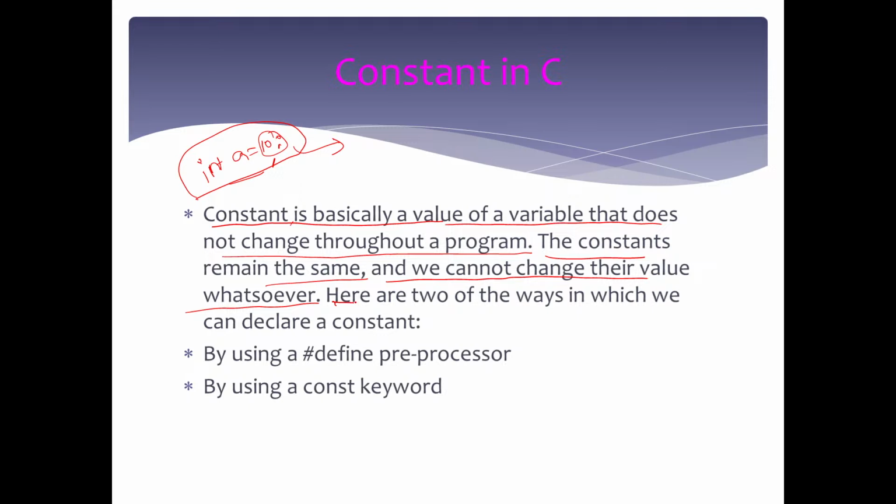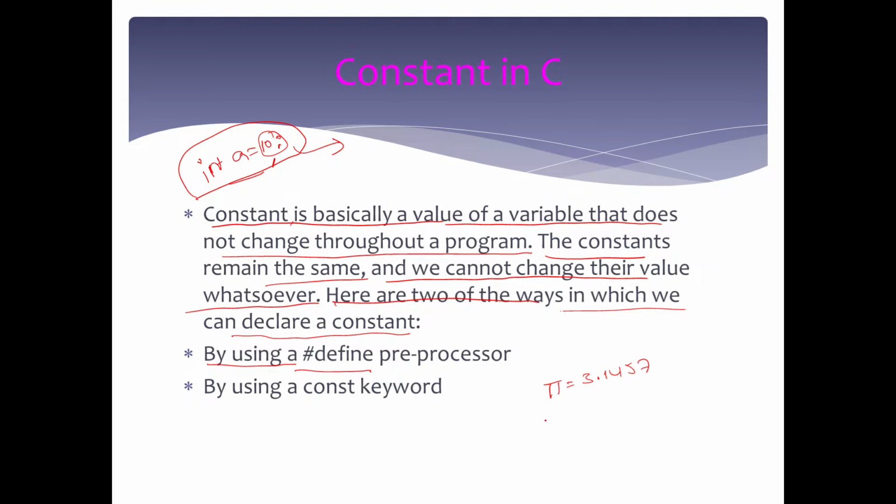Here are the two ways in which we can declare a constant. First, by using #define. For example, we have variables like global variables and local variables. Let me take the pi value. As we know, the approximate value of pi is 3.1457 something.